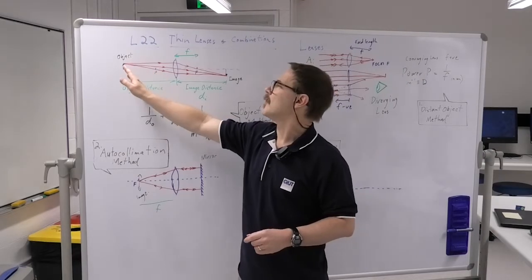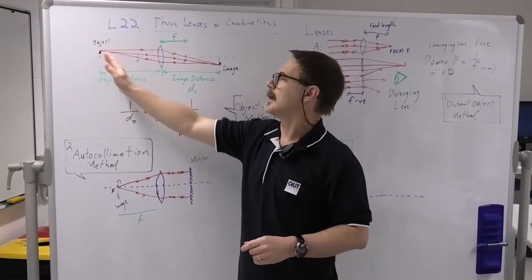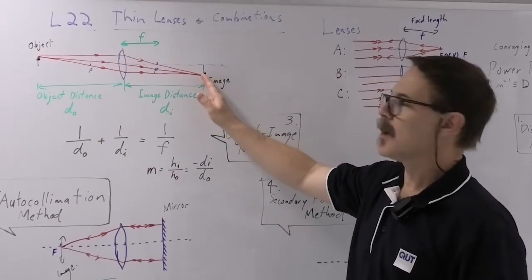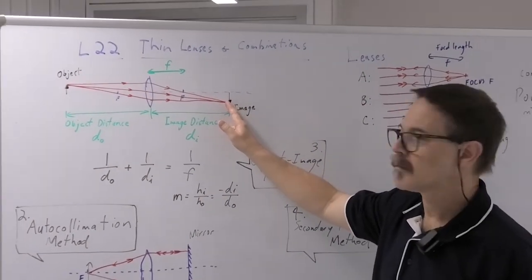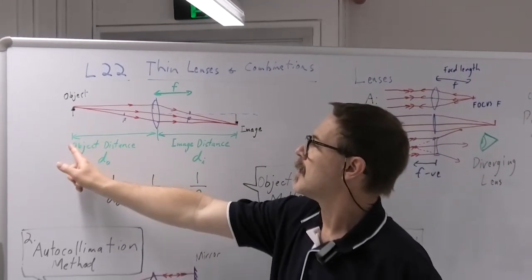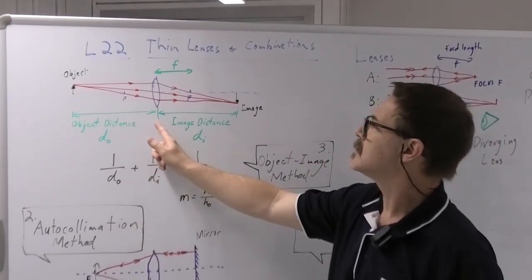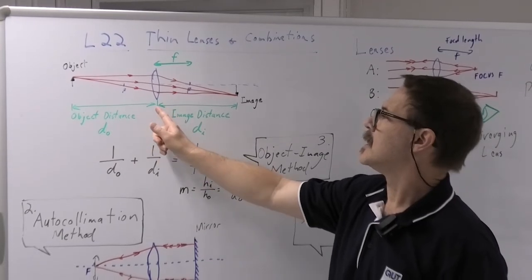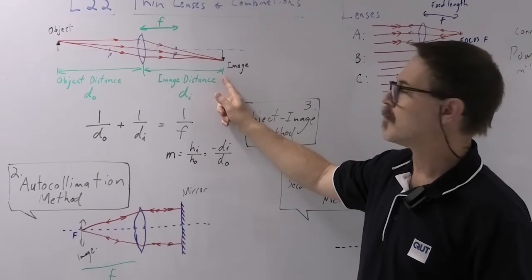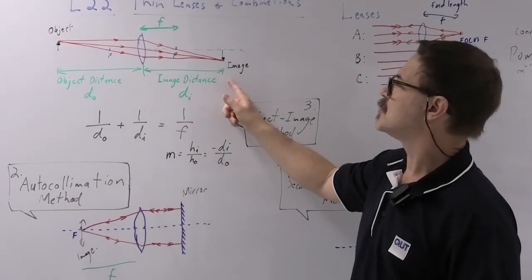We want to put the object at some distance away where you can actually form a real image on a screen. If you can do that, you measure the distance from the object to the lens, then measure the distance from the lens to the screen where you form the image, and that is the image distance.